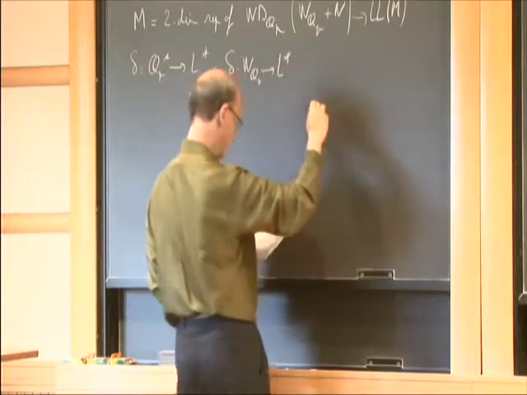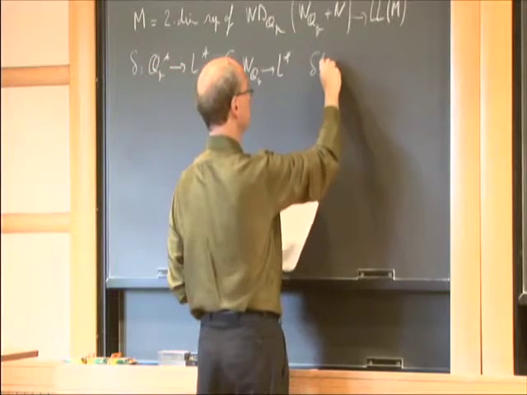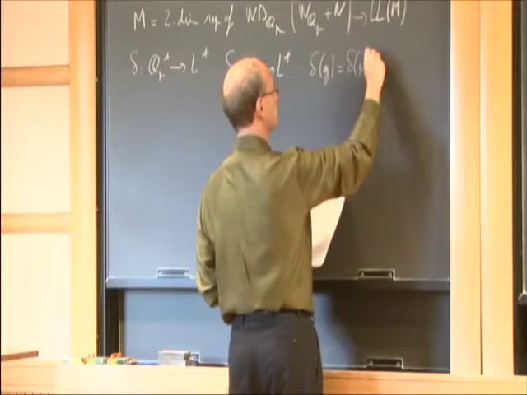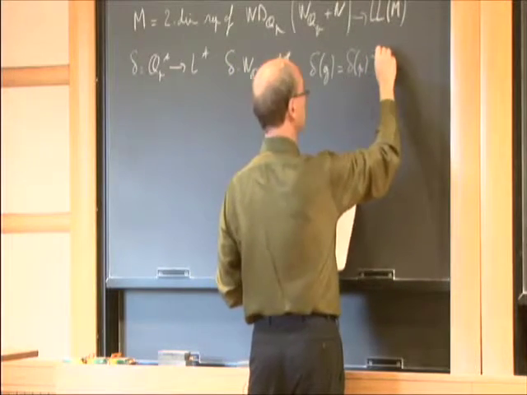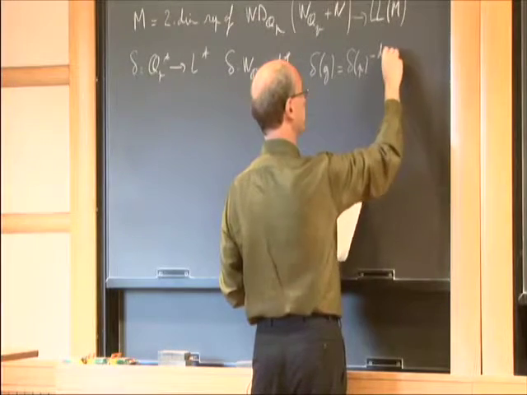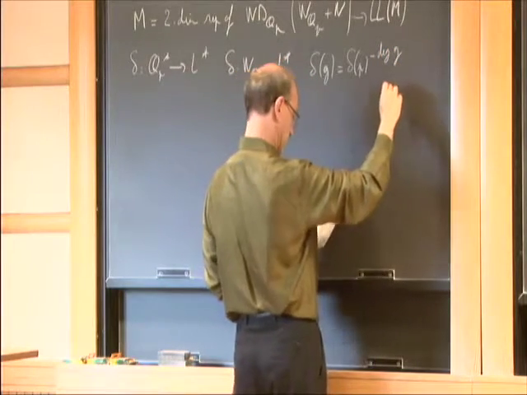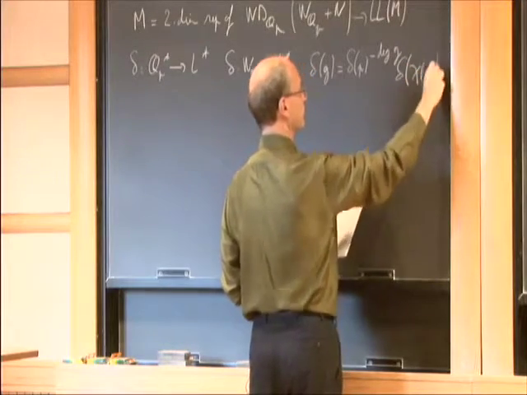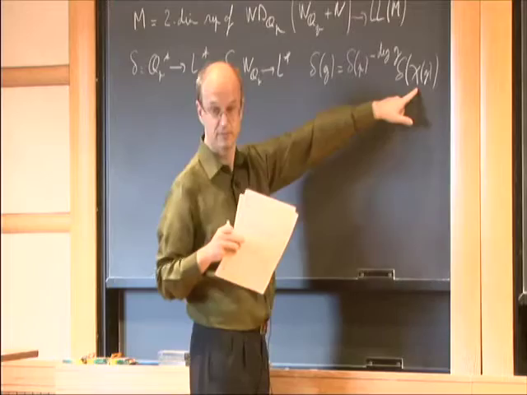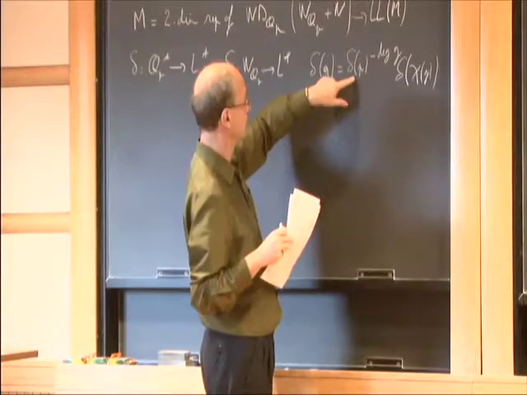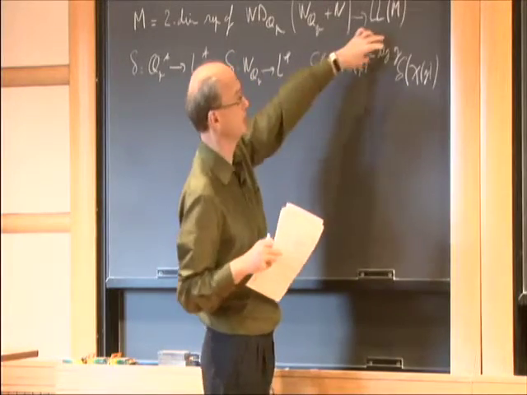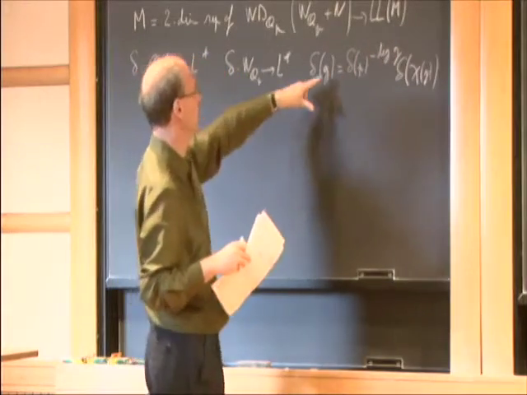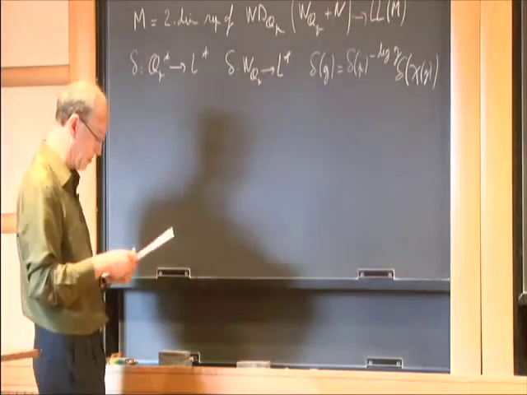And the formula is just that delta of g is equal to delta of p to the minus degree of g times delta of cyclotomic applied to g. So cyclotomic is in Z_p star, okay, and degree is just the power of the Frobenius by which your g acts on the residue field F_p bar.